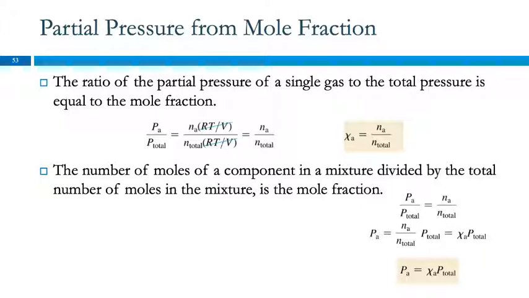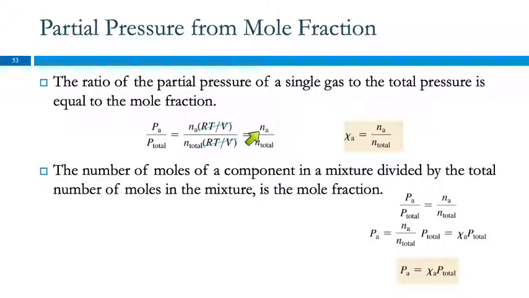We can look at the ratio of the partial pressure of a single gas to the total pressure. And this would be like a pressure percentage, I guess, but not times 100. So if we take the partial pressure of A equals nA times RT over V, the total pressure is the total number of moles times RT over V. And we can cancel out the RT over V, so this is nA over n total.